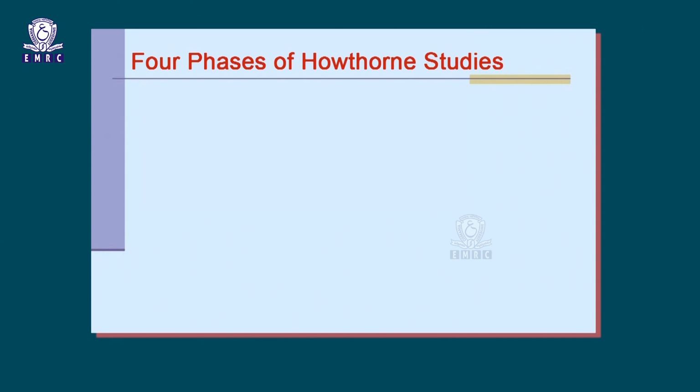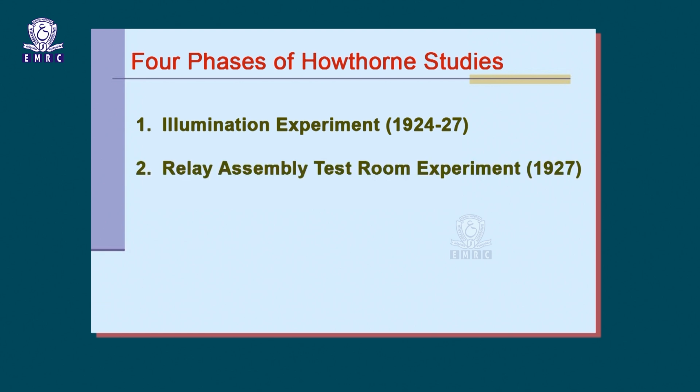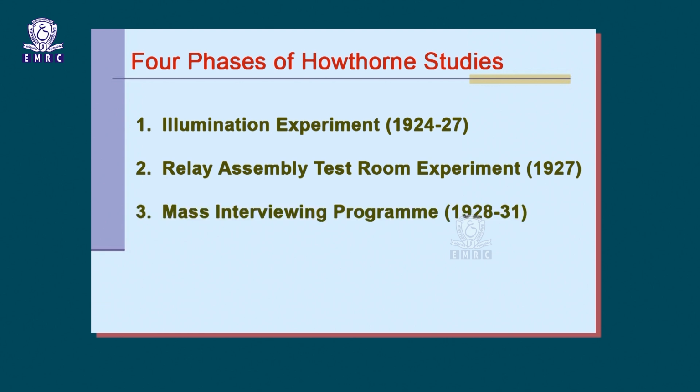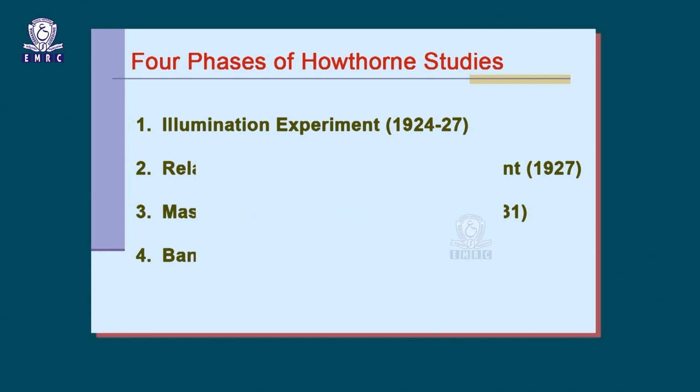The studies were conducted in 4 phases: 1. Illumination experiment, 1924-27; 2. Relay assembly test room experiment, 1927; 3. Mass interviewing program, 1928-31; 4. Bank wiring experiment, 1931-32.